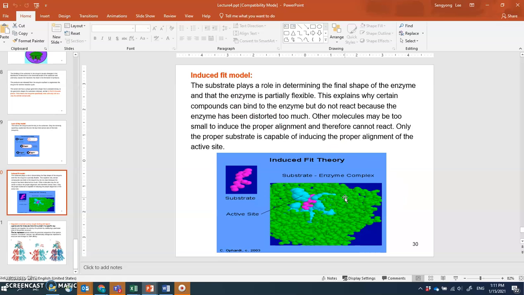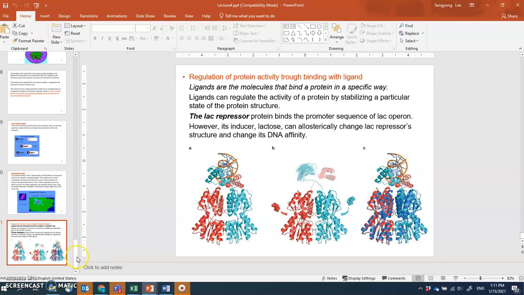When they interact and the changes are being made, it explains why certain compounds can bind to an enzyme but do not react: because the enzyme has been distorted too much, or other molecules are too small to induce the proper alignment, and therefore cannot react. Only the appropriate substrate is capable of inducing the proper alignment of the active site. So that's the specificity we talk about. Enzymes have a unique structure, and that unique structure allows the binding of a unique substrate molecule.